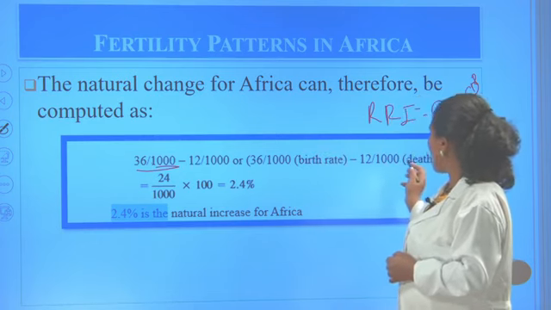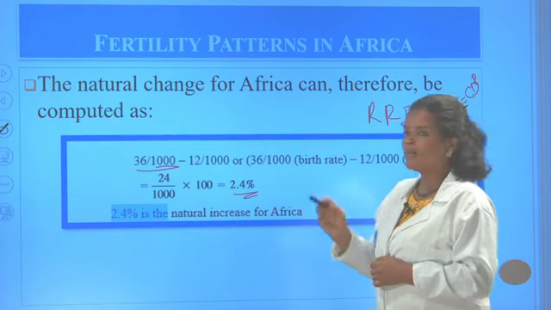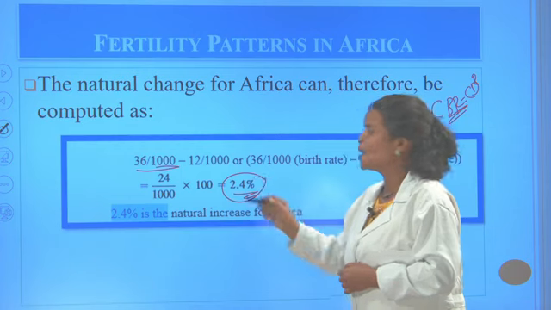So it gives us a 2.4% rate of natural increase, expressed as a percent.